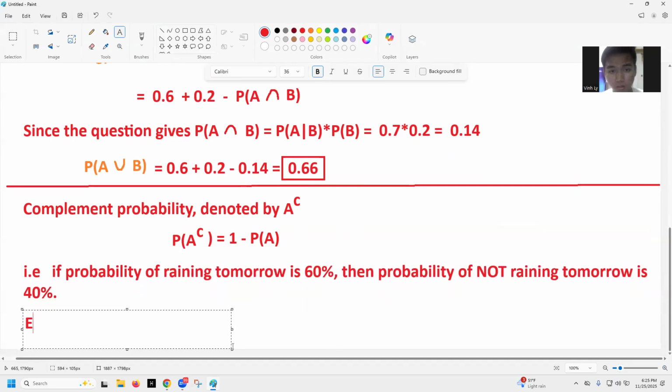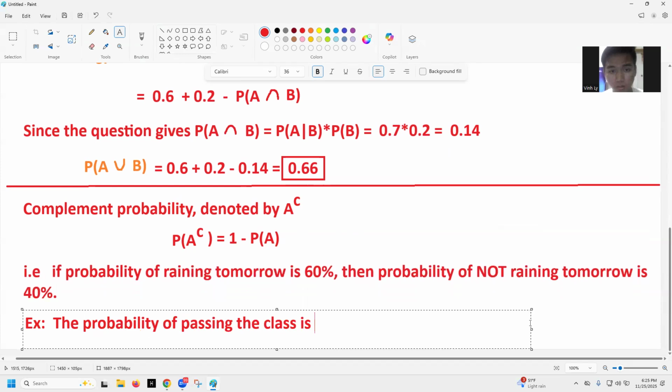I can give you another example. Let's say the probability of passing the class is 85%, for example, right? And the probability of not passing is 15%.